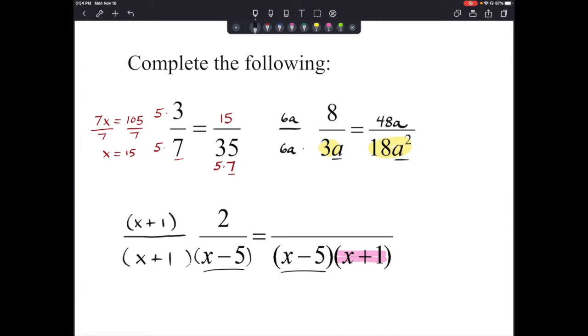So when I do 2 times the quantity of x plus 1, I'm just going to leave it as 2 times the quantity of x plus 1. And now we have finished that problem. So 2 over the quantity of x minus 5 is the same thing as 2 times the quantity of x plus 1 over the quantity of x minus 5 times an x plus 1.